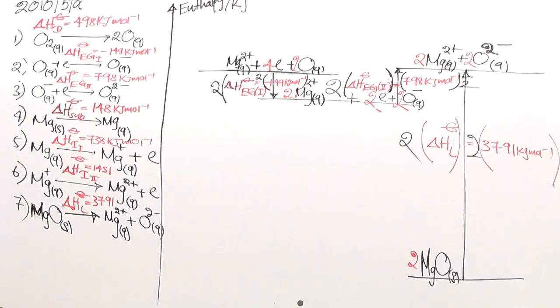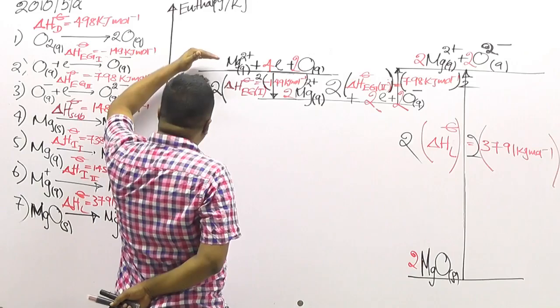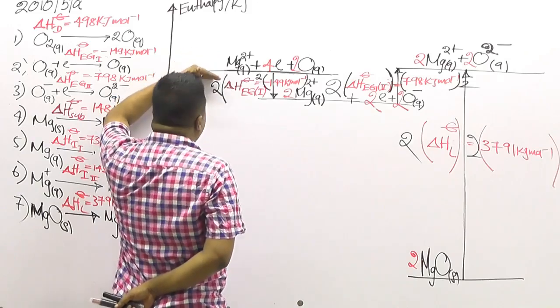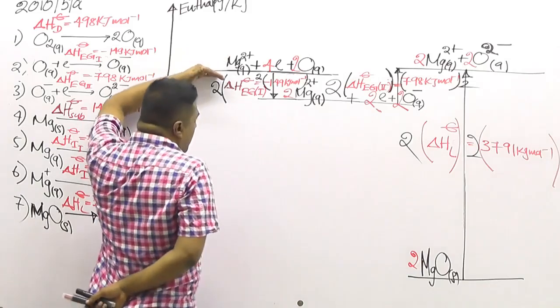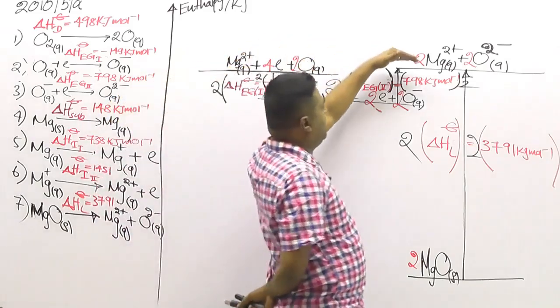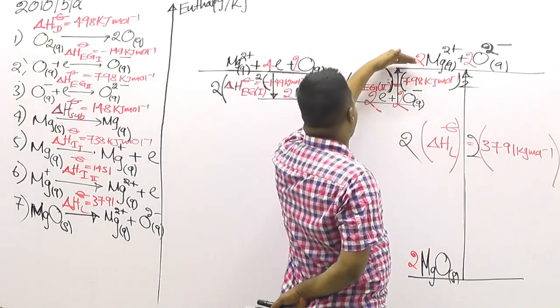Now why is the enthalpy level in between this and this?